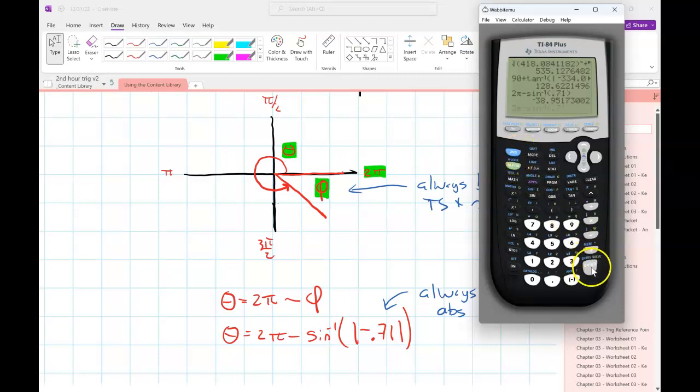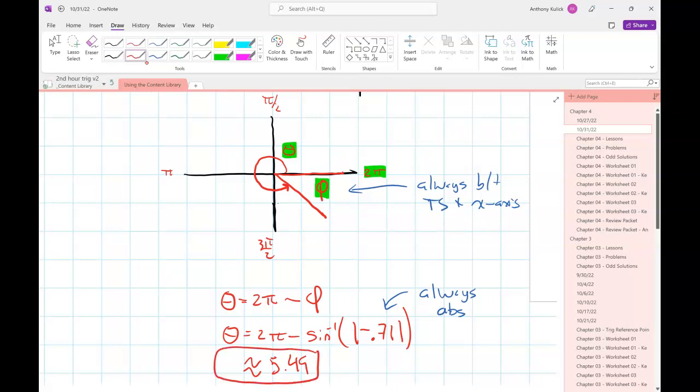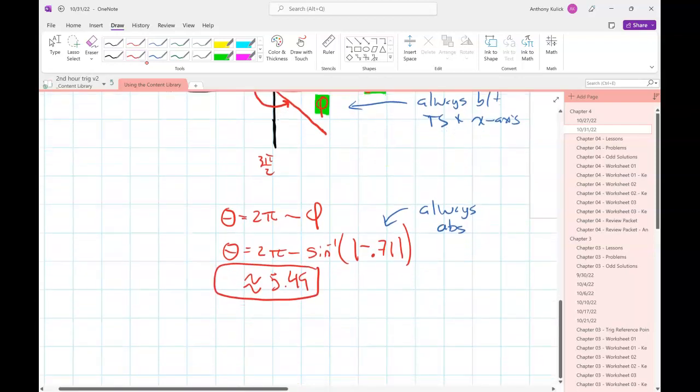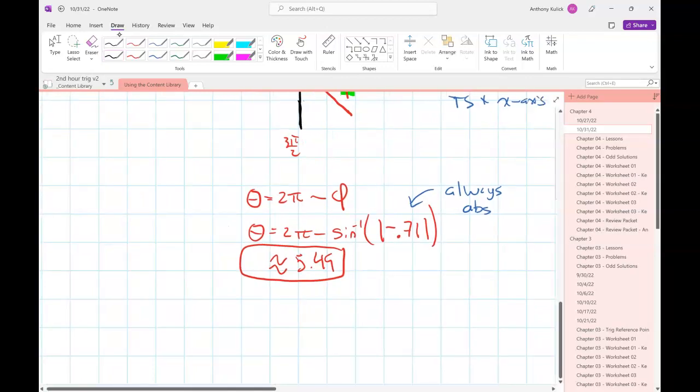So I should do that in radians. And that's a much more sensible answer. 549 or thereabouts. Should we do that again? Yeah, but it wasn't so bad, right?